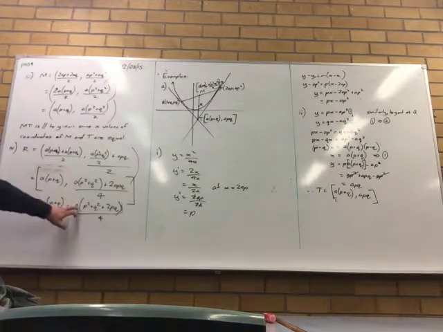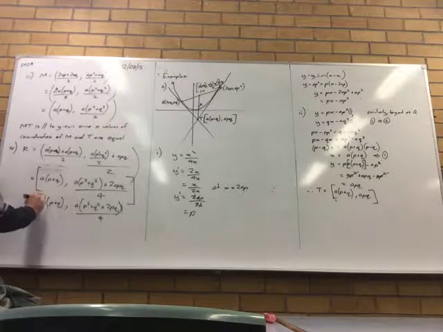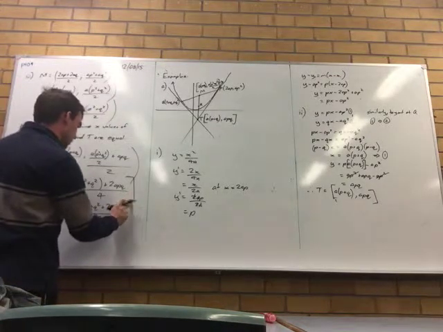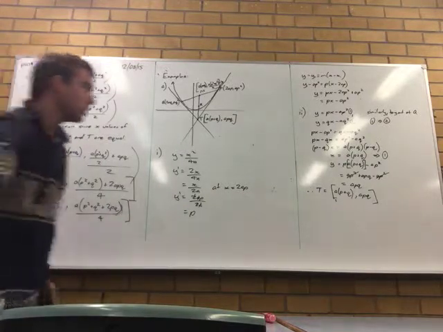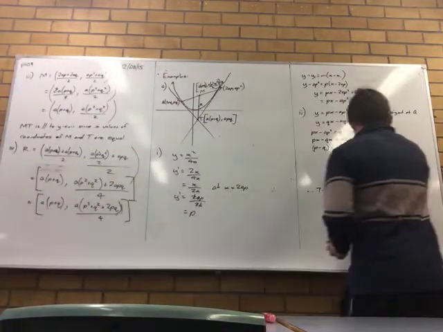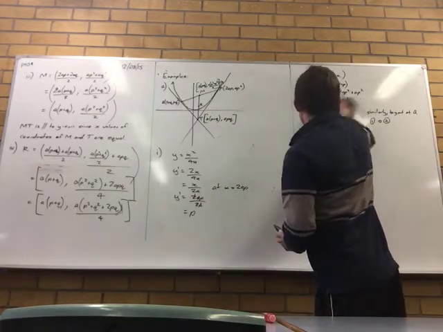So I've factorised the A out in both those terms. Alright, can I do any more to that?